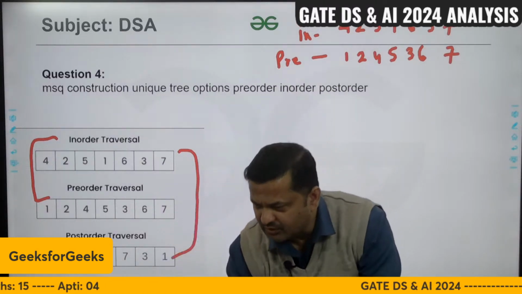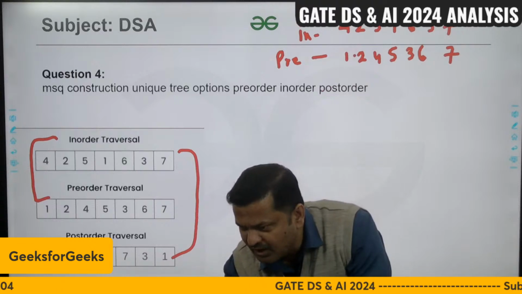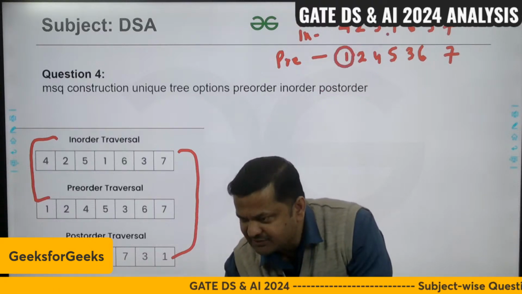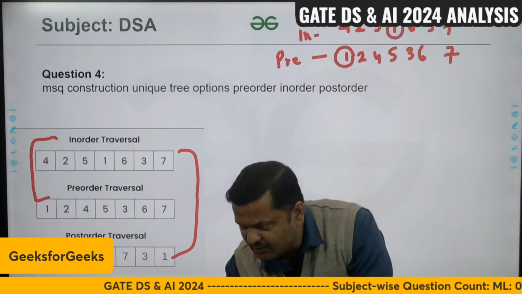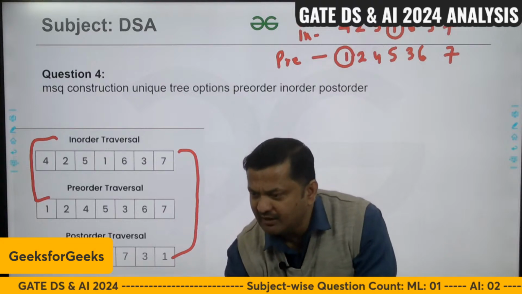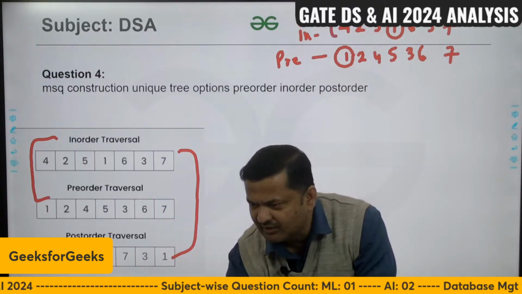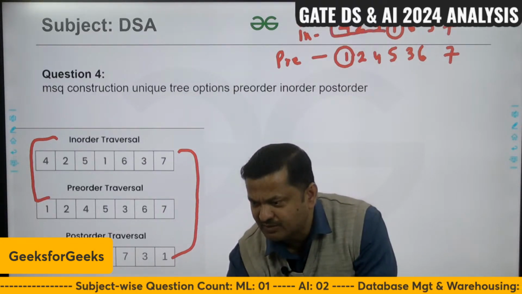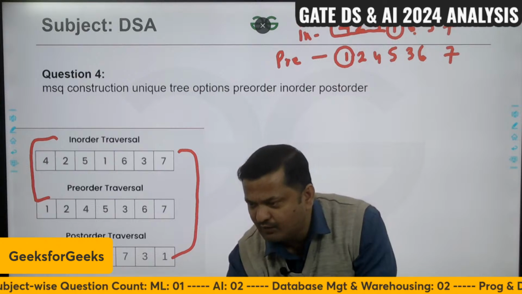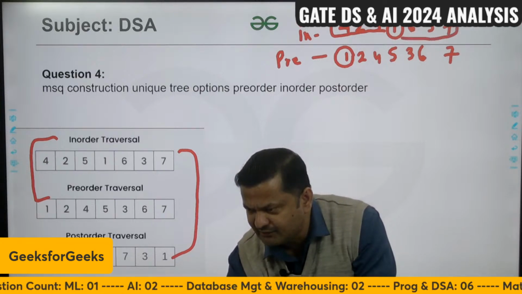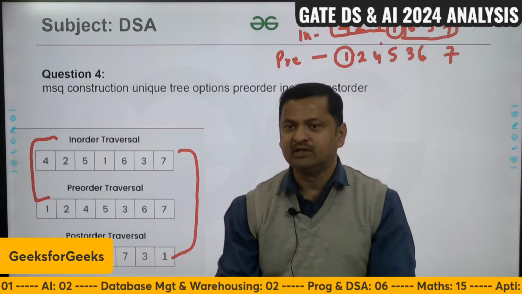In this case, 1 is going to be the root, and since 1 is located here in the in-order, everything to the left of this is going to be the left subtree, and whatever is on the right-hand side is going to be the right subtree of the entire tree.